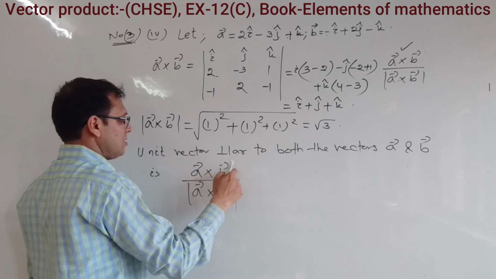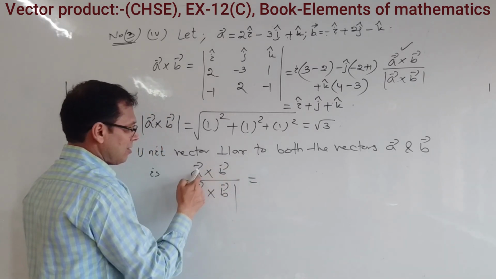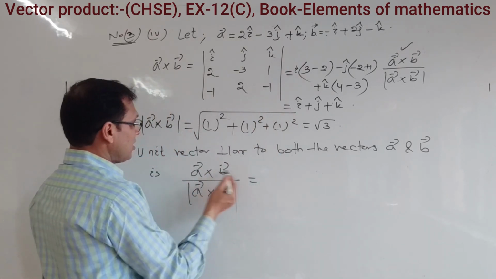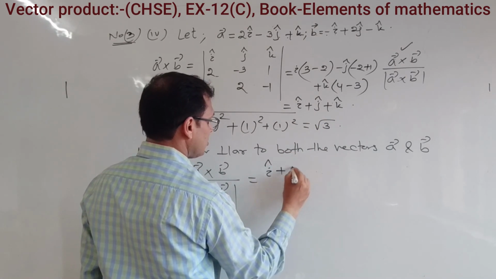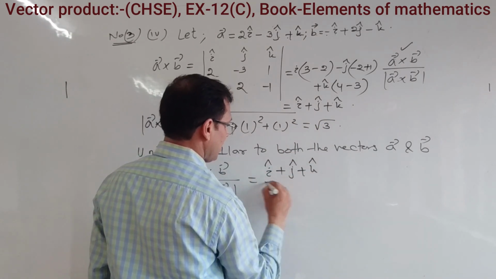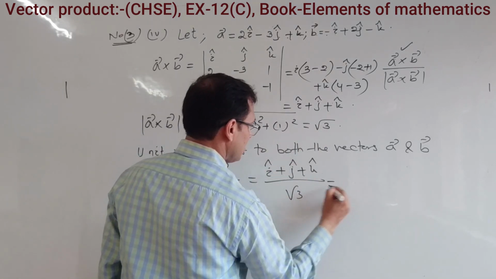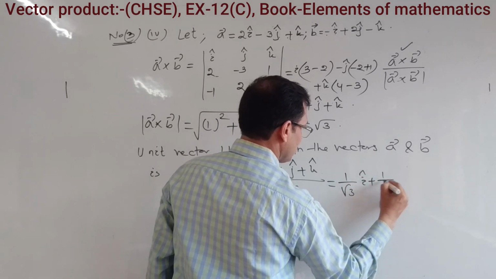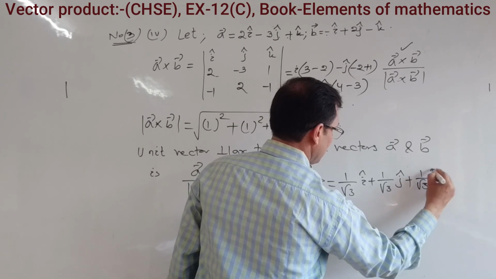Unit vector means the vector divided by the magnitude of that vector. And this A cross B is perpendicular to vector A and vector B, all of you know. So A cross B we have just found, that is i cap plus j cap plus k cap, divided by the magnitude we have already found, root 3. This is nothing but 1 by root 3 i cap plus 1 by root 3 j cap plus 1 by root 3 k cap.